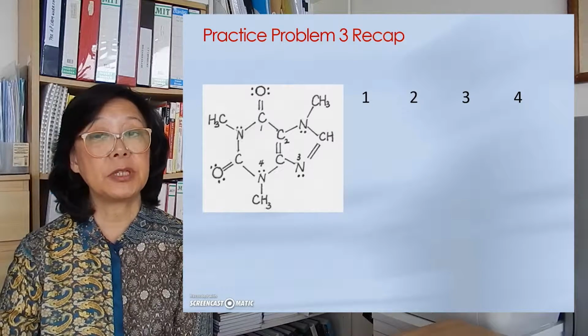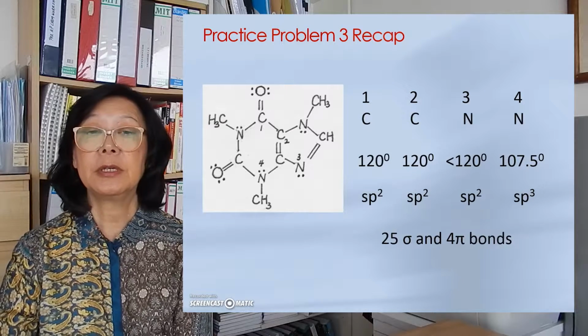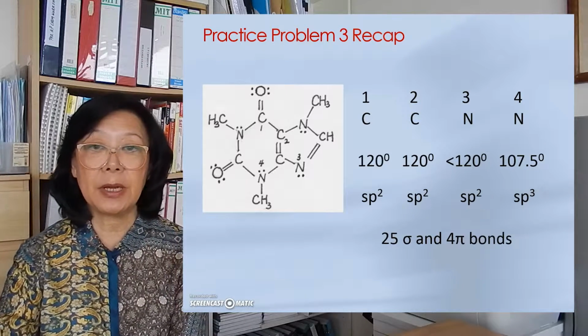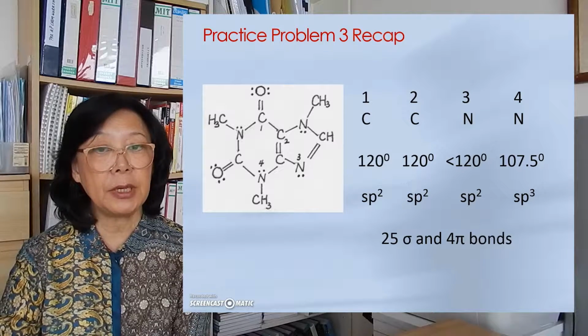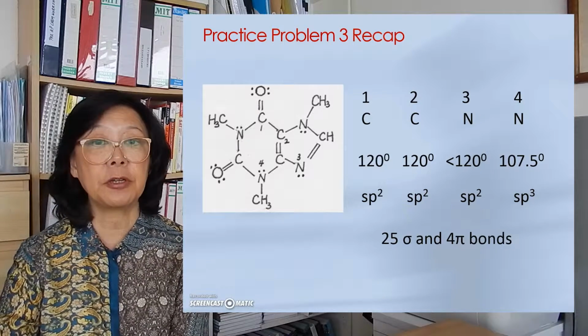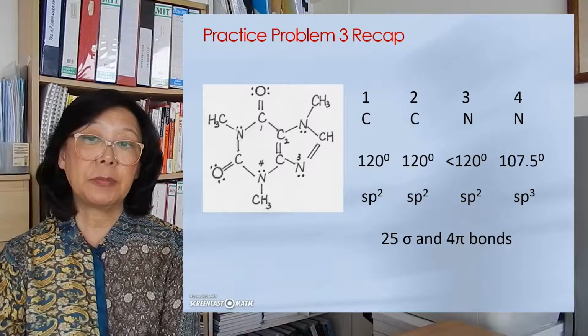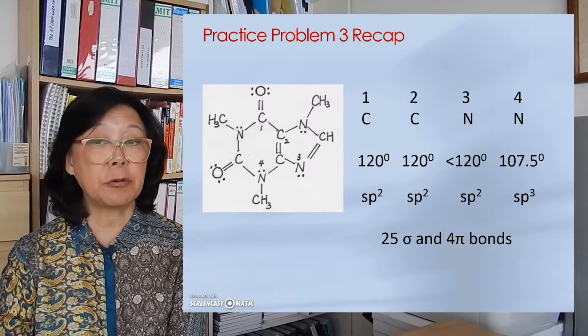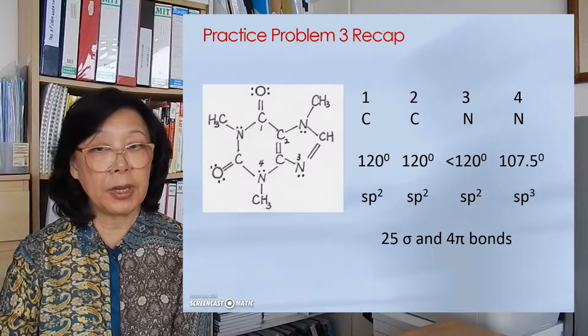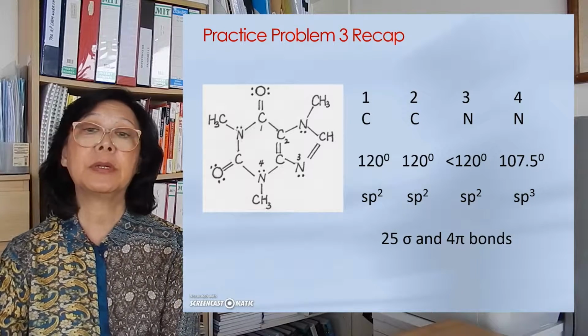For positions 1, 2, 3, and 4: position 1 is a carbon atom, trigonal planar, bond angle 120, sp2 hybridization. Carbon number 2 is similarly trigonal planar, 120 bond angle, sp2 hybridization.